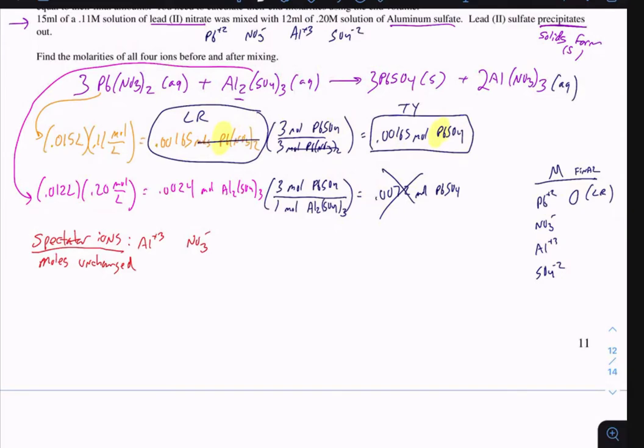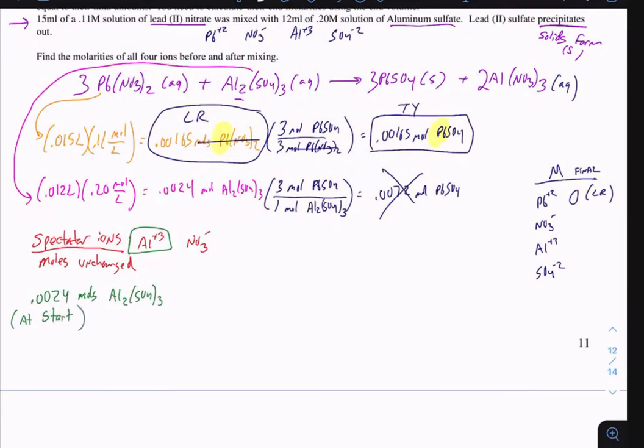So let's say for aluminum, all right? I'm going to use color. We're going to use green for aluminum. Notice that we started this problem with 0.0024 moles of aluminum sulfate at the start.